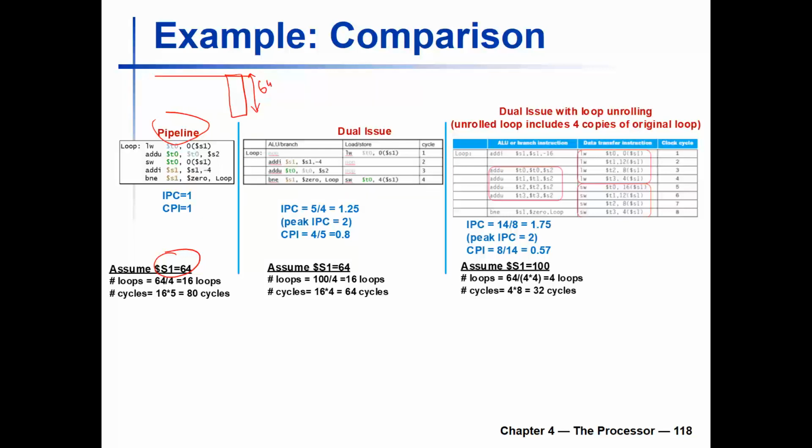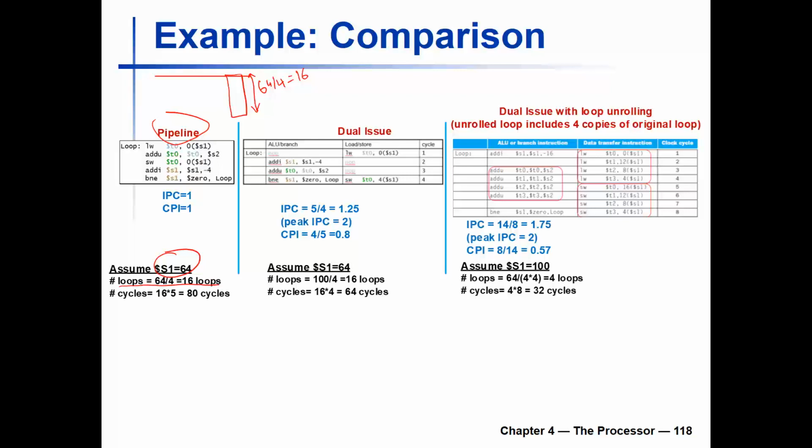But I know I need to read 4 bytes at a time because I'm doing updates by words. So how many words are in this array? It is 64 divided by 4, which equals 16 words. So I need to loop through this loop 16 times if I implement this in a pipeline.